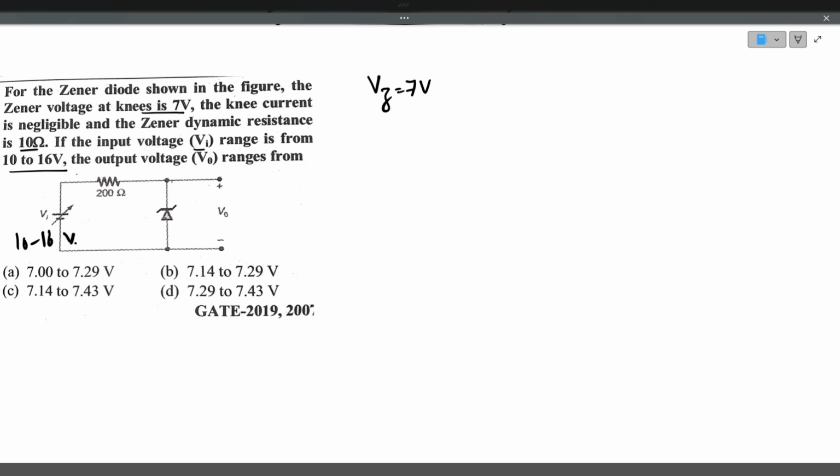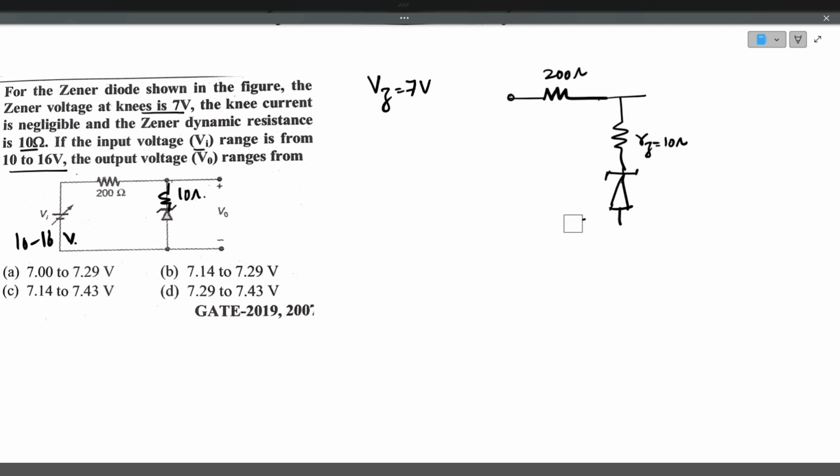He is telling the Zener diode has a dynamic resistance. Here there will be a resistance component that is 10 ohms. The output voltage ranges from... Okay, we'll see. This will be the actual circuit. This 200 ohms is the series resistance, and there will be the Zener resistance RZ, which is equal to 10 ohms, and a Zener diode whose drop will be 7 volts.